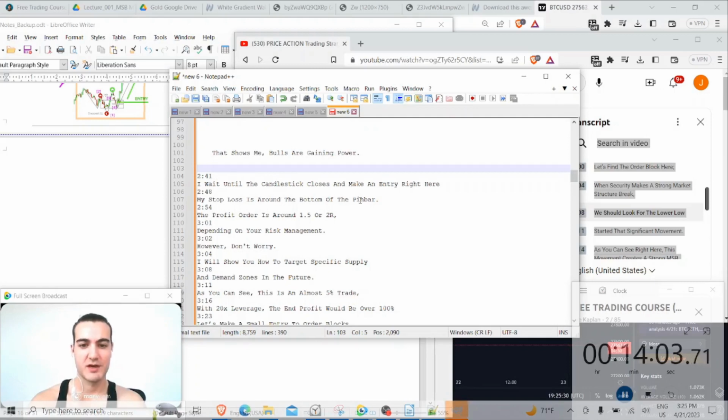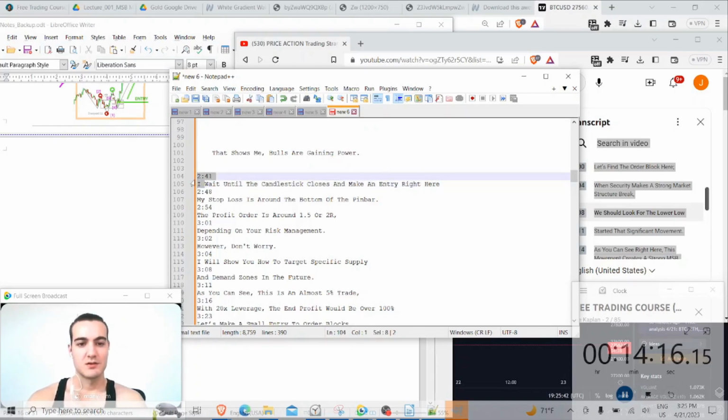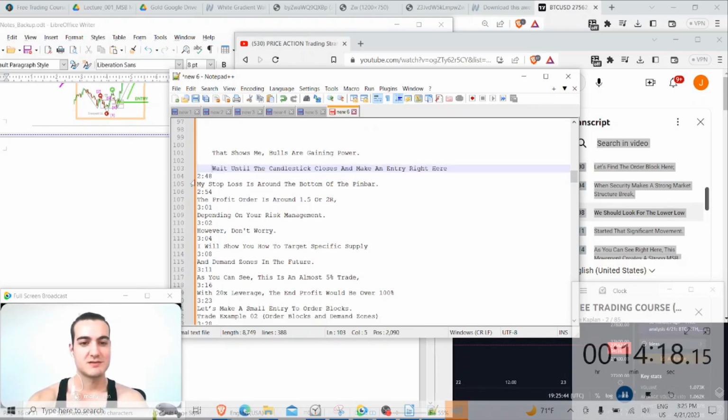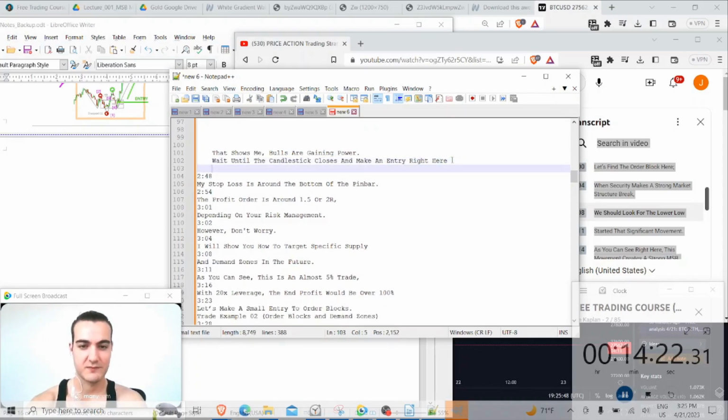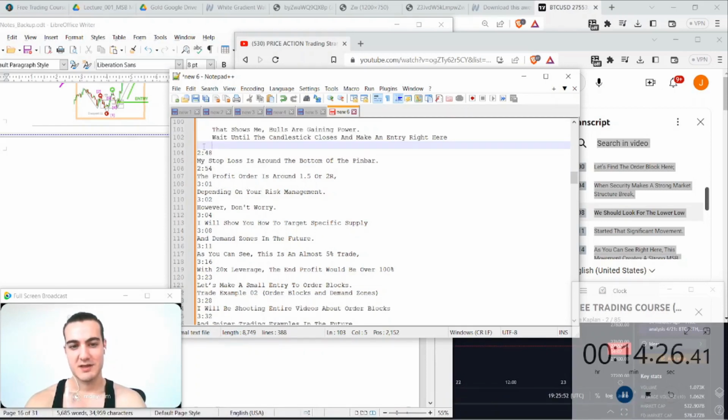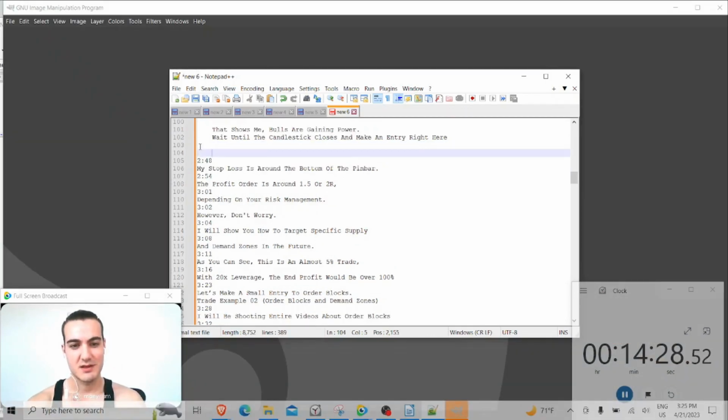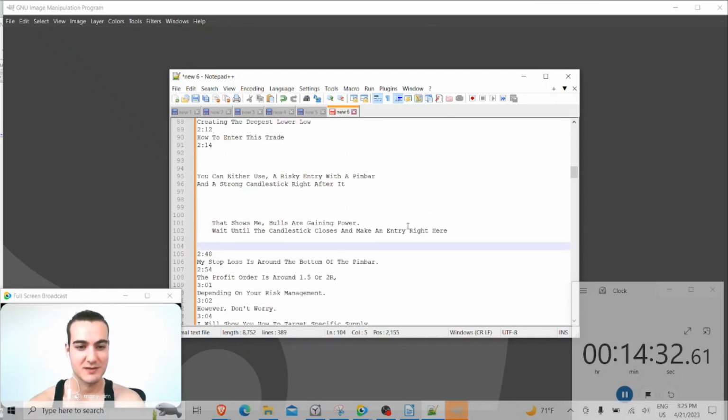Stop loss is the bottom of the pin bar. Know that. Wait until the candlestick closes. Make an entry right there. And this is good stuff, because even if you have the theory of identifying a market structure break, getting the exact entry point is difficult without guidance like this.